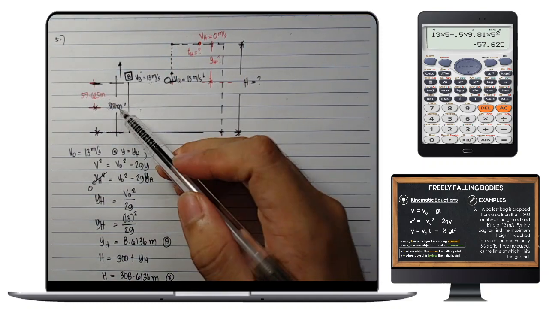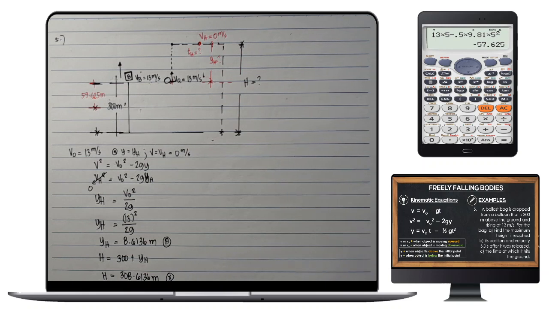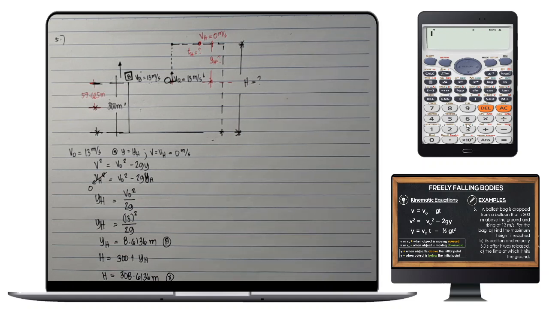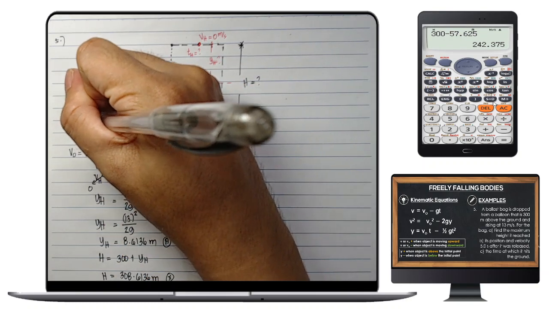So, this is 300 minus 57.625. Okay? So, to solve this, gawin lang natin ay 300 minus 57.625. So, ibig sabihin lang yan, that is 242.375.